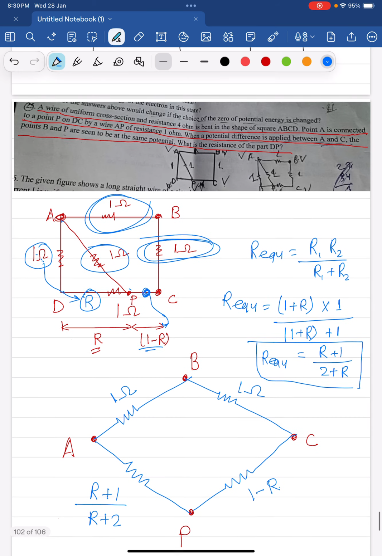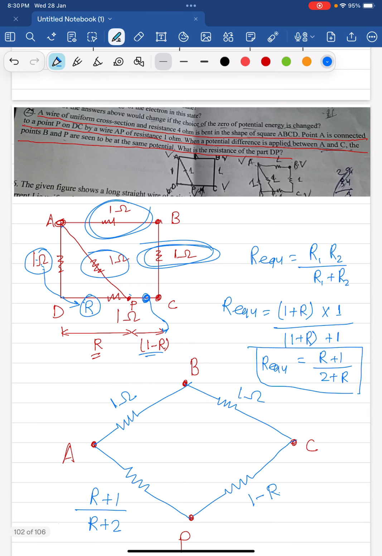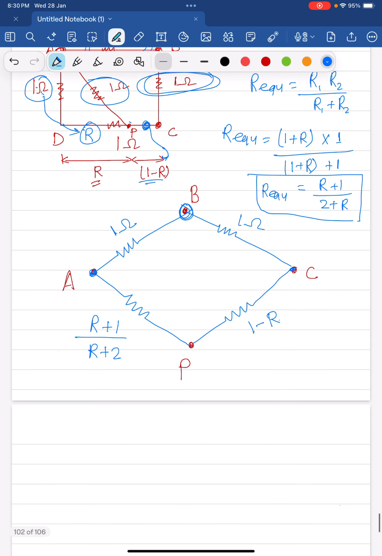And in this question given information is, when potential difference is applied between A and C, the points B and P are seen to be at the same potential. It means it is in balanced Wheatstone bridge condition.